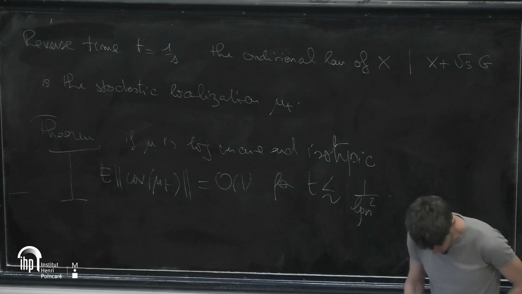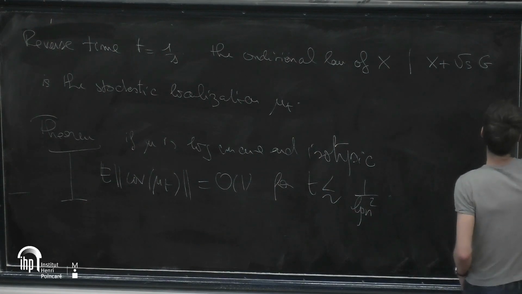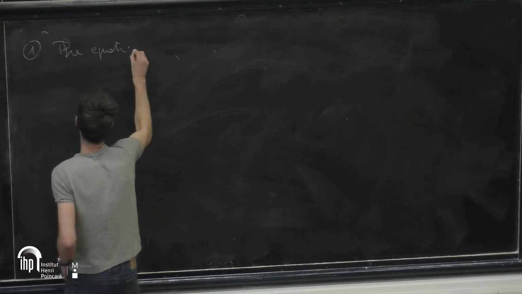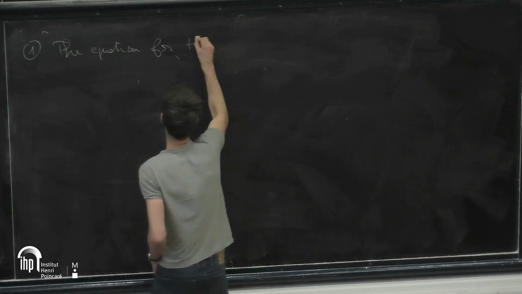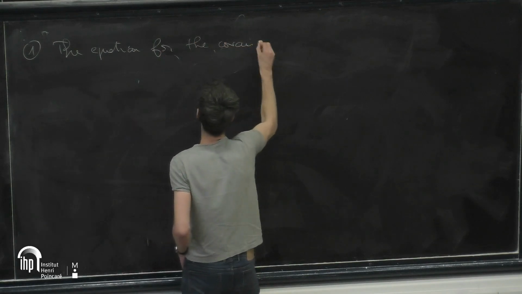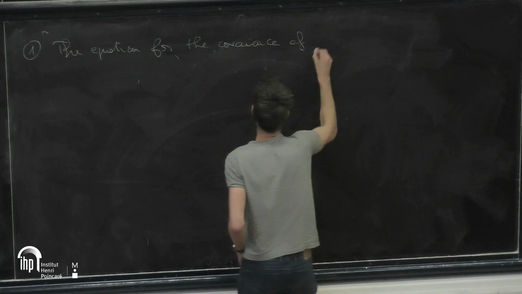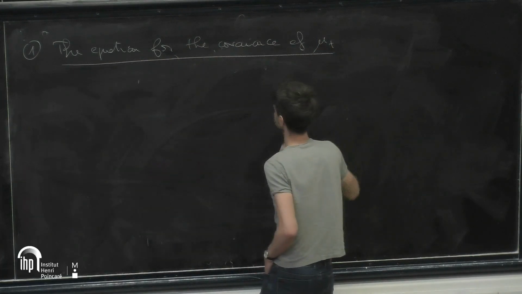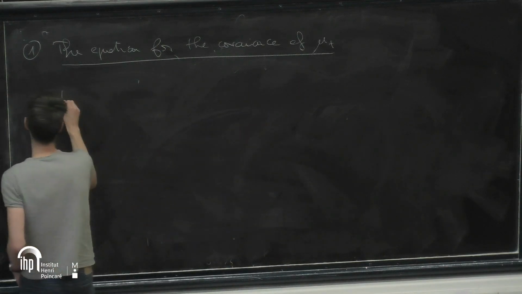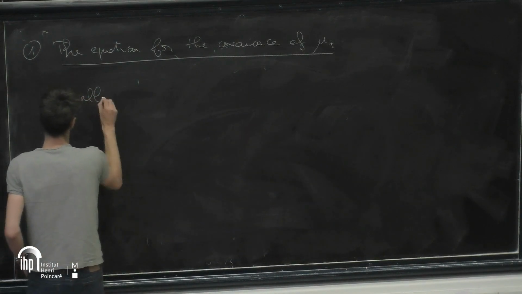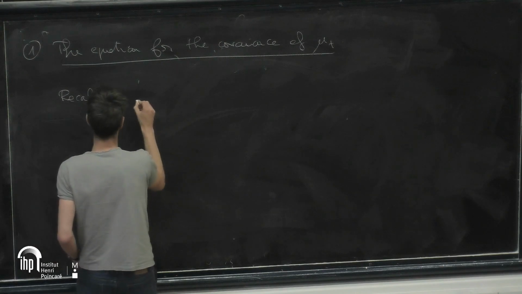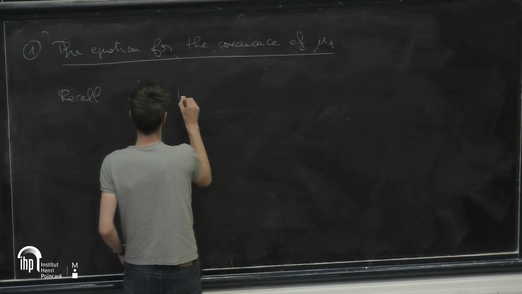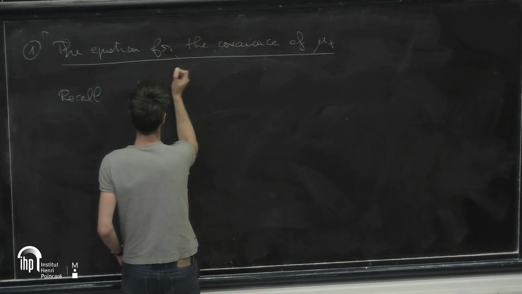Maybe what I should start with is the equation for the covariance of mu t. So recall that mu t is a martingale.